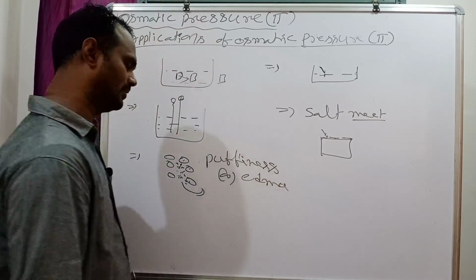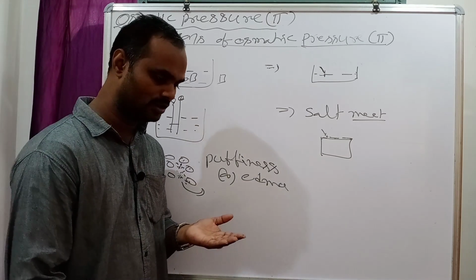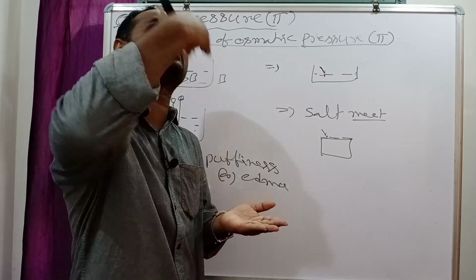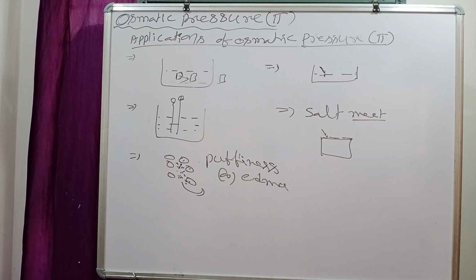These are all applications of osmotic pressure. Generally in plants, the flow of water from the soil to roots and roots to stem is also part of osmotic pressure. These are all applications of osmotic pressure.